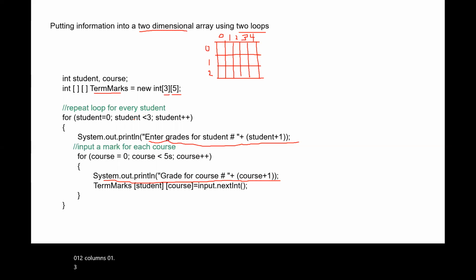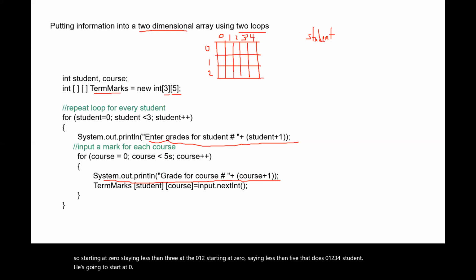So starting at 0, staying less than 3, that does 0, 1, 2. Starting at 0, staying less than 5, that does 0, 1, 2, 3, 4. Student is going to start at 0. Course is also going to start at 0.